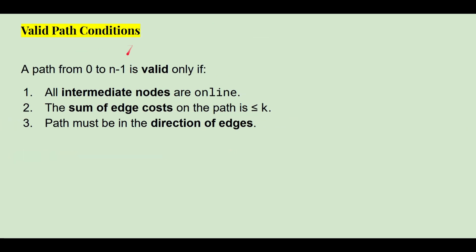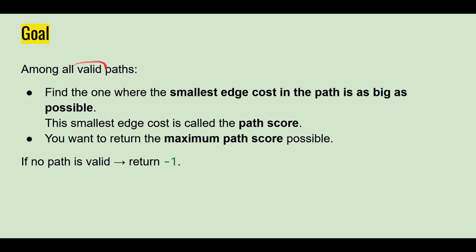A path from 0 to n minus 1 is a valid path only if all the intermediate nodes are online, the sum of the edge costs of the path is less than or equal to k, and the path must follow the direction of the edges. So what is our goal?